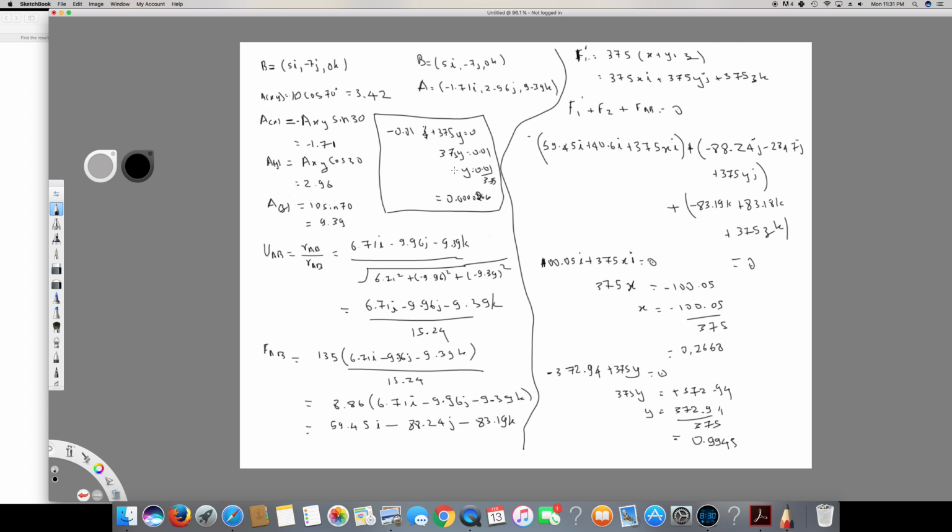So x, y, this is the y value, and where is my z value? Oh, I didn't find z yet. Okay, this is my z value. F1. Okay, fc.